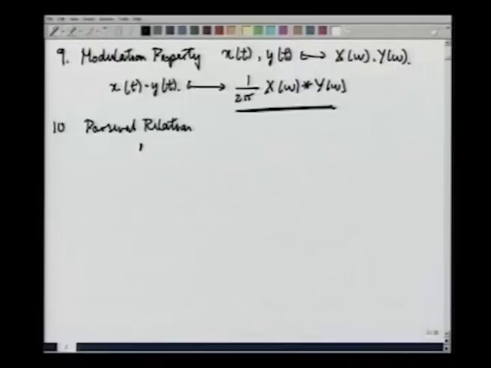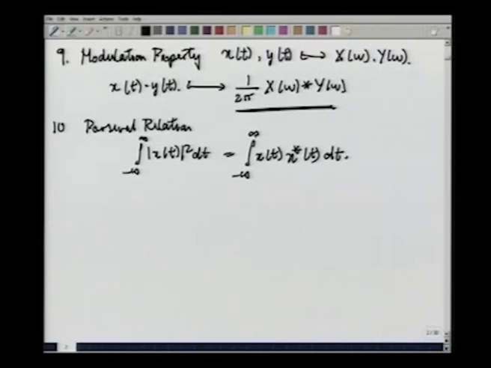Now, the energy in x(t) is given by |x(t)|² dt integrated over all time. This is the energy in x(t). Now, let us find what this comes out to be. This is nothing but the integral from minus infinity to infinity of x(t) x*(t), because it was |x(t)|², dt.